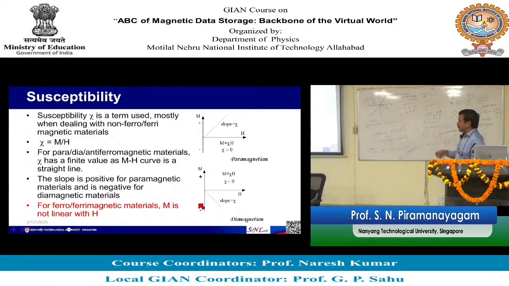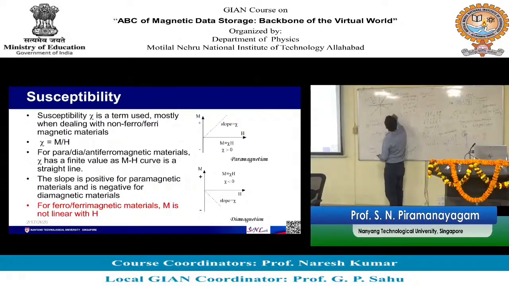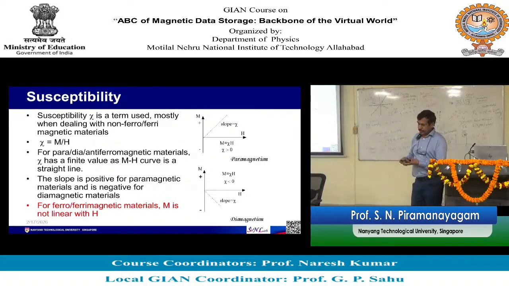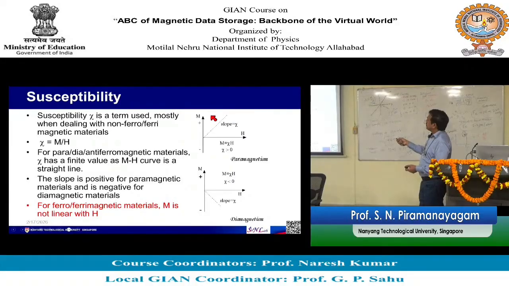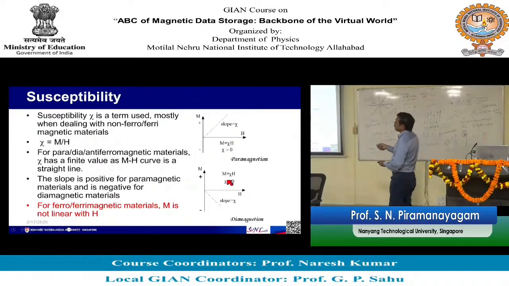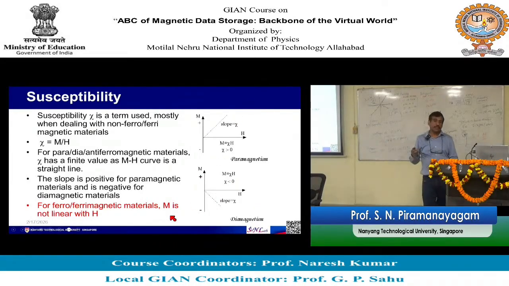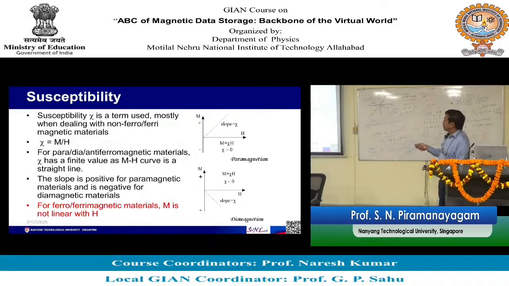If I give you a piece of material and I ask you to find out whether this is paramagnetic or diamagnetic, what you can do is take the sample to the VSM and look whether the M goes up or down, I mean whether it is a positive slope or negative slope. Based on these two slopes, you can find out whether the material is paramagnetic or diamagnetic.